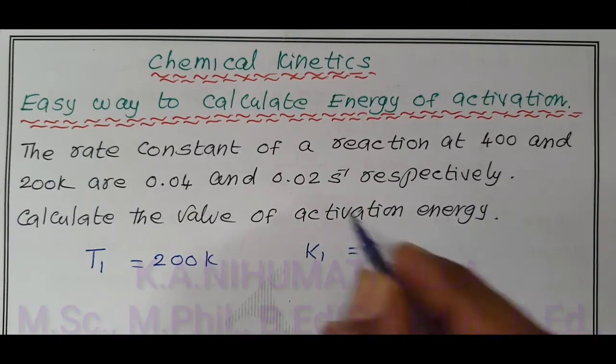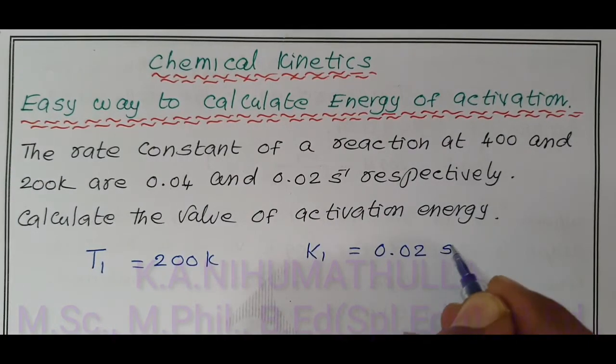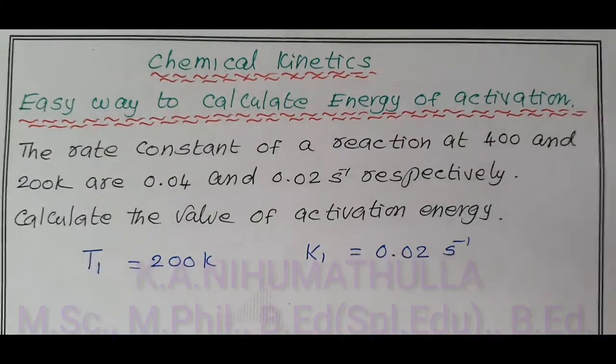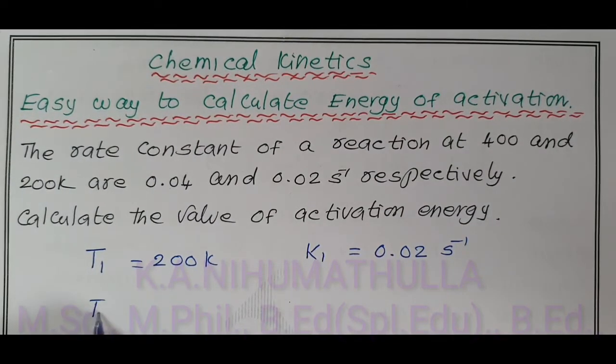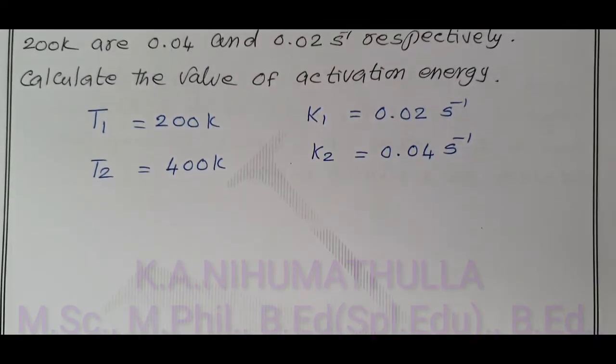At 200 Kelvin, K1 equals 0.02 second power minus 1. At high temperature T2, what is the temperature given in our problem? 400 Kelvin. What is K2? K2 equals 0.04 second power minus 1.